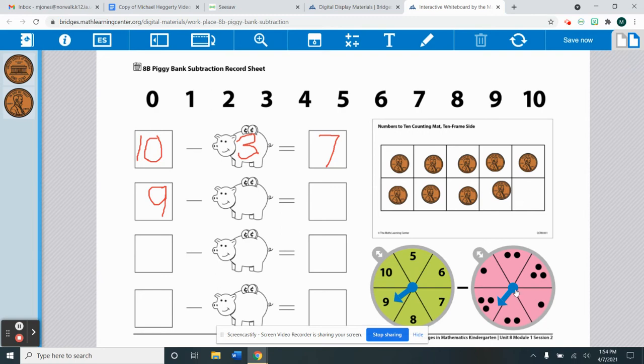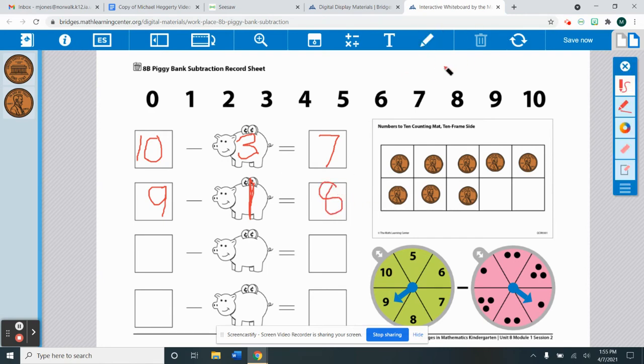And then I'm going to spin my dot spinner, and I got 1. So I'm going to put 1 into my penny piggy bank and write 1. And I'm actually just going to delete them. So 9 minus 1. So I had 9, and I subtracted 1, so now I have 8. So 9 minus 1 equals 8. And then I will put all my pennies back.